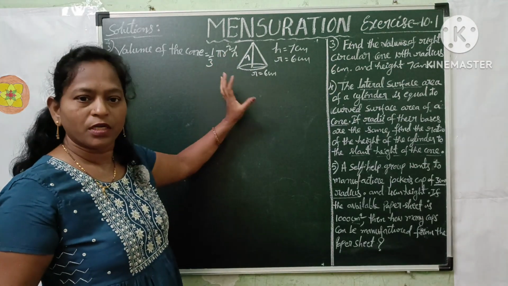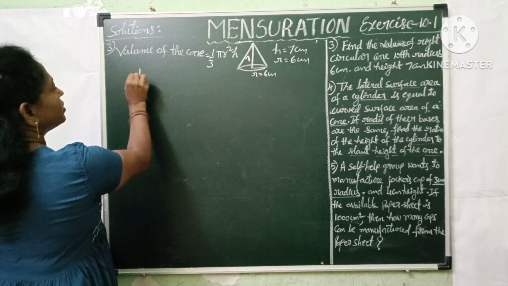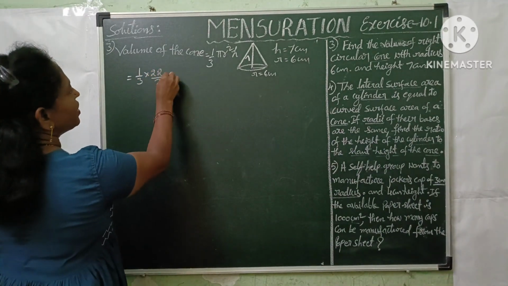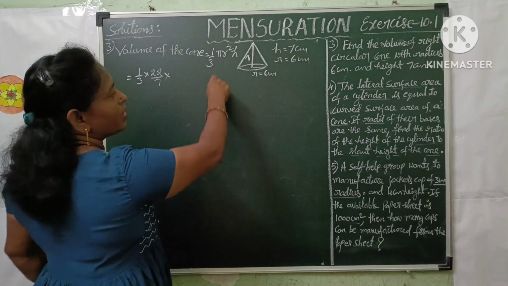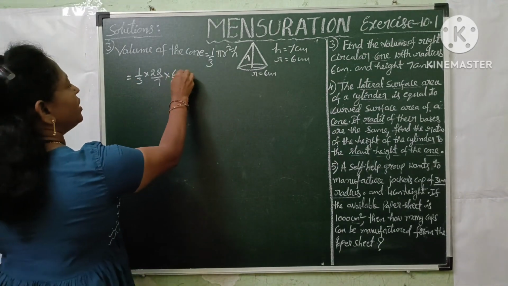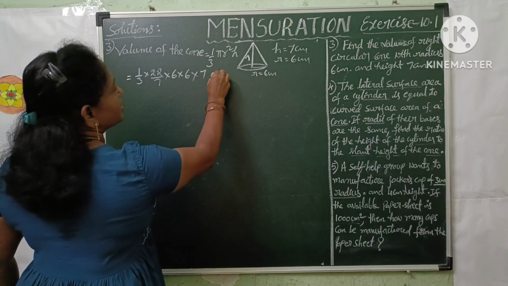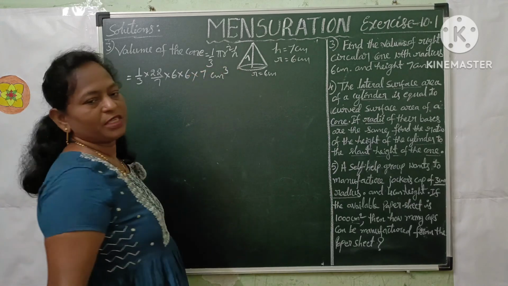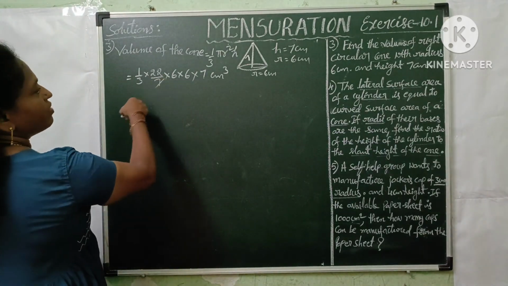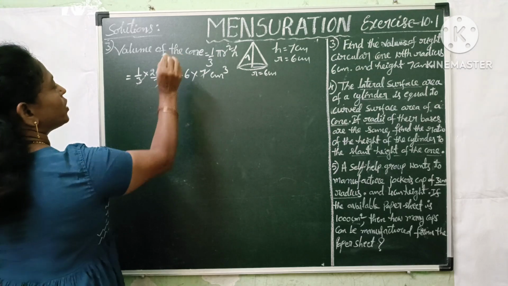Substituting, 1/3 into 22/7 into r square, means r into r, so 6 into 6 into height 7 centimeter cube. Volumes are measured in cubic units. Next, here 7 gets cancelled and 3 in 6, 2 times cancels.